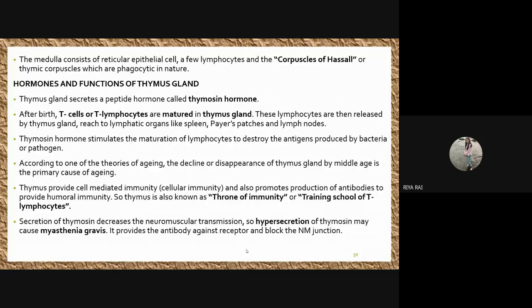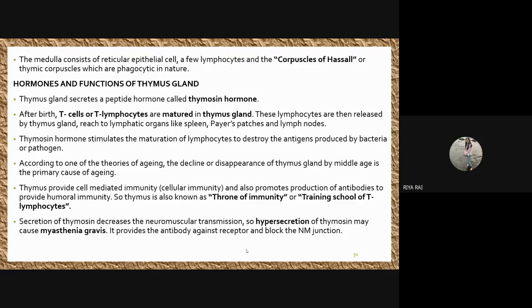Cell-mediated immunity is an immune response that does not involve antibodies, but it involves the activation of phagocytosis, antigen-specific cytotoxic T lymphocytes, and release of various cytokines in response to the antigen, while humoral immunity is the immunity in which antibodies are involved.